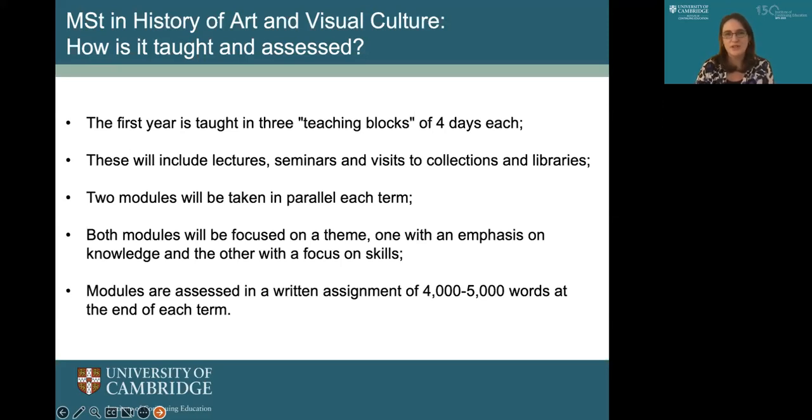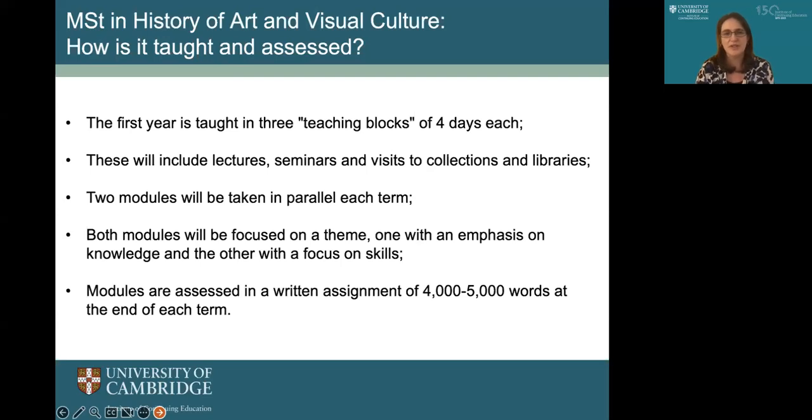And 2 modules will be studied side by side each term. One of the modules is more knowledge-based, where you learn about different themes. It's arranged thematically, and I'll tell you what the themes are in a minute.